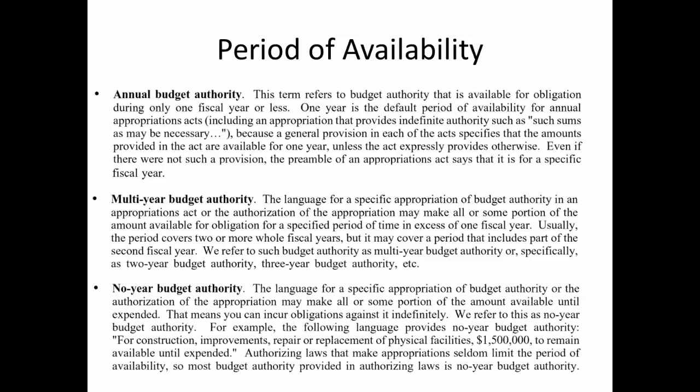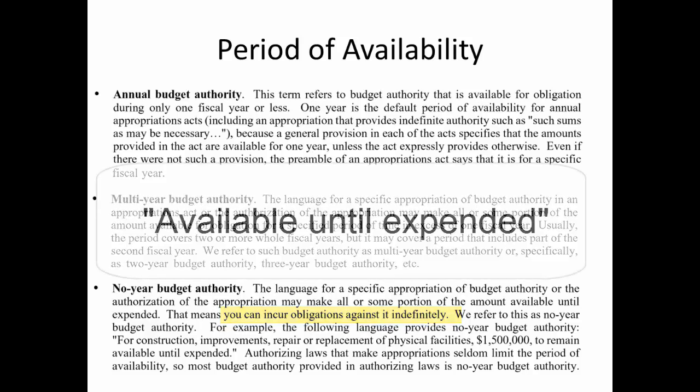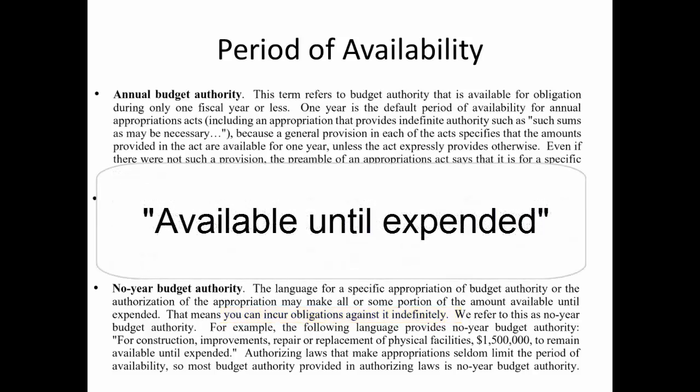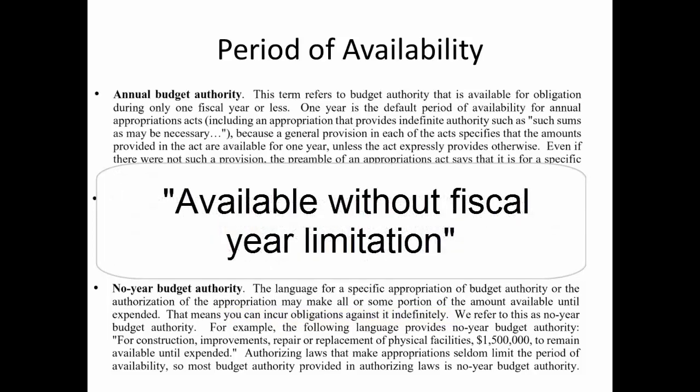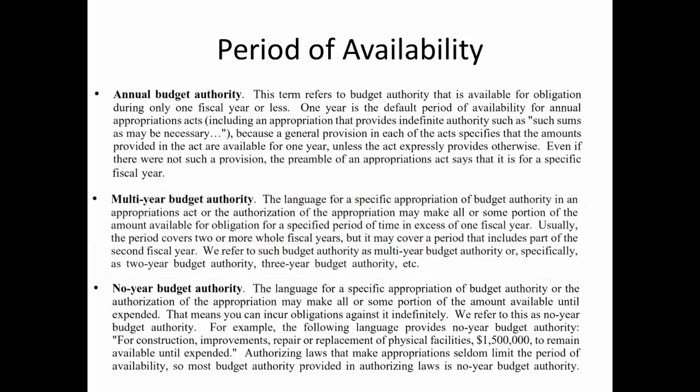No-year budget authority is authority that is available for obligation indefinitely. The phrases "available until expended" or "available without fiscal year limitation" identify a no-year or unlimited period of availability.